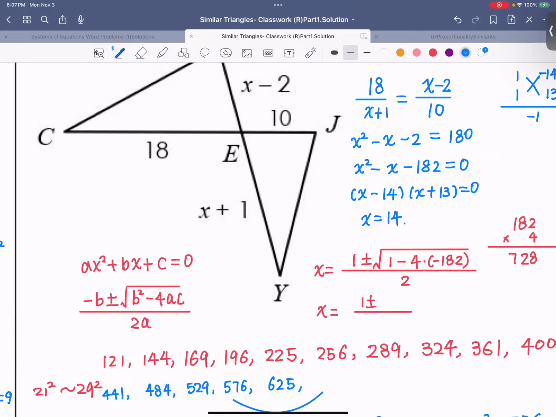Look, the trick is right here. Next one, 27 squared is 729.